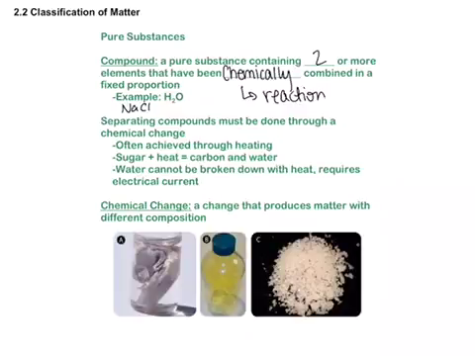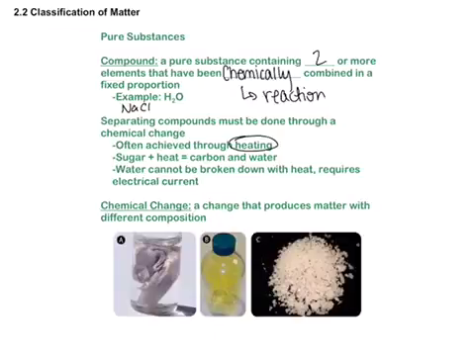And in order to separate compounds, you have to use chemical changes. Oftentimes, a chemical change will occur when you heat the substance. So for example, if you place sugar in a fry pan, let's say, don't actually do it, your mom will be mad that you wrecked her fry pan, but you heat some sugar up and you'll end up getting carbon and water.